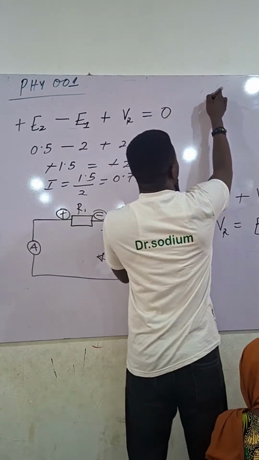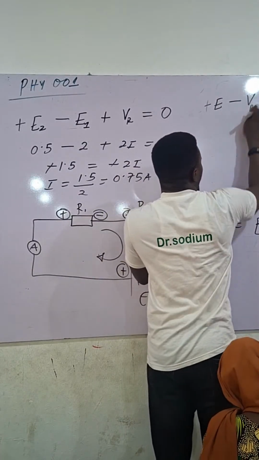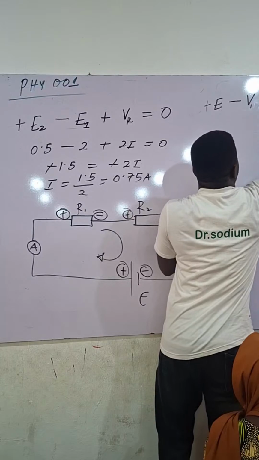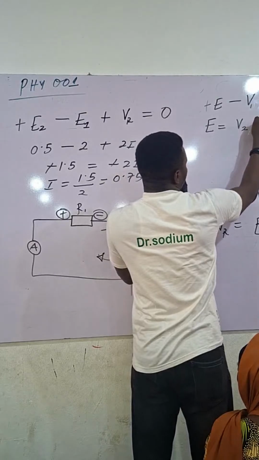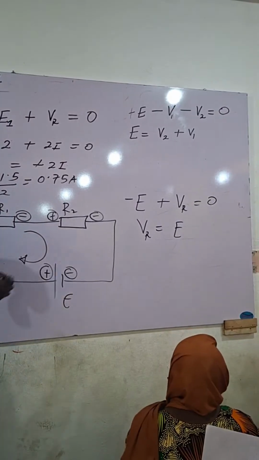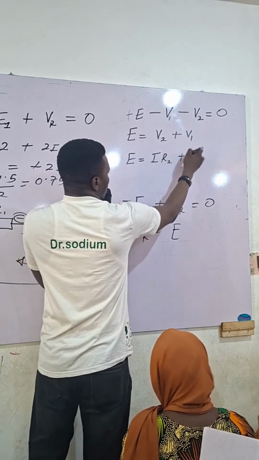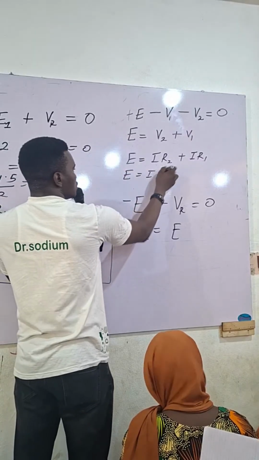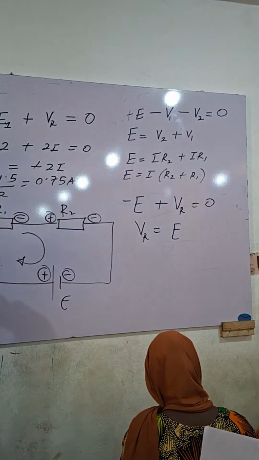That's going to be plus E minus V R1, or let me just say V1 minus V2 is equal to zero, so I can say E is equal to V2 plus V1. Depending on what it is, I can simplify it to say E is equal to I R2 plus I R1, which means E is equal to I into R2 plus R1, and that is like saying resistors in series.